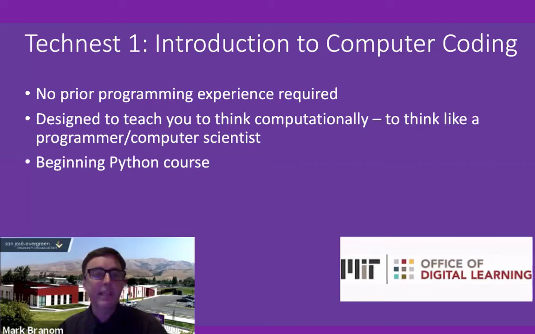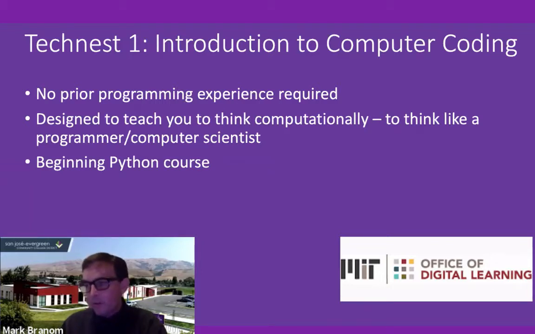CIS 24C, which is our introduction to Python programming class, covers how to program in Python. CIS 106 covers how to think computationally and how to program the way that computer scientists program. In both CIS 106 and in 24C, we teach you the basics of how to program in Python.